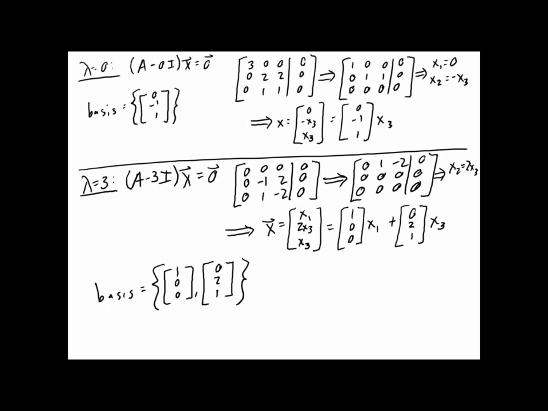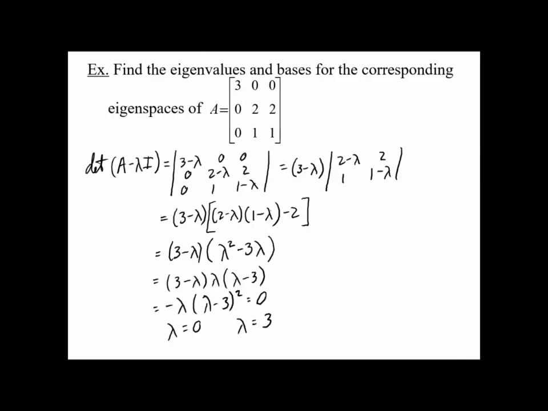The thing that I want to point out is finding this determinant is a bit of a pain. In this case, it wasn't a big deal because there were all those zeros, which made things really nice. But in general, finding this determinant is a bit of a pain. And not only that, notice that what I ended up with was a cubic equation.